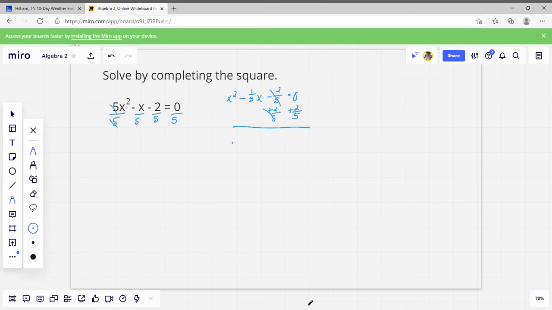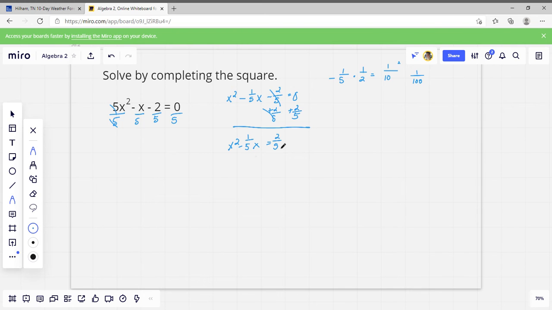And we're going to get x squared minus 1/5 x equals 2/5. Okay, now we need our third term here, so we're going to do negative 1/5 times 1/2, which will be 1/10, and then we're going to square that, so that would be 1/100th.